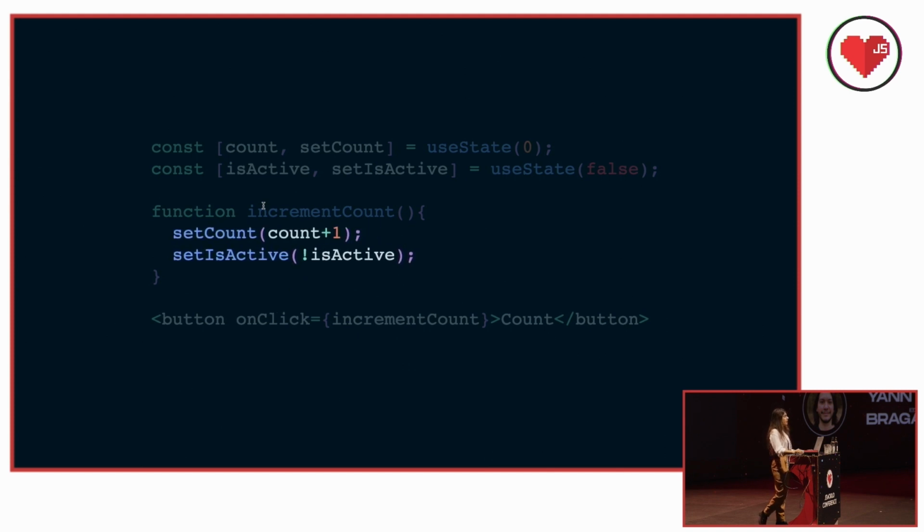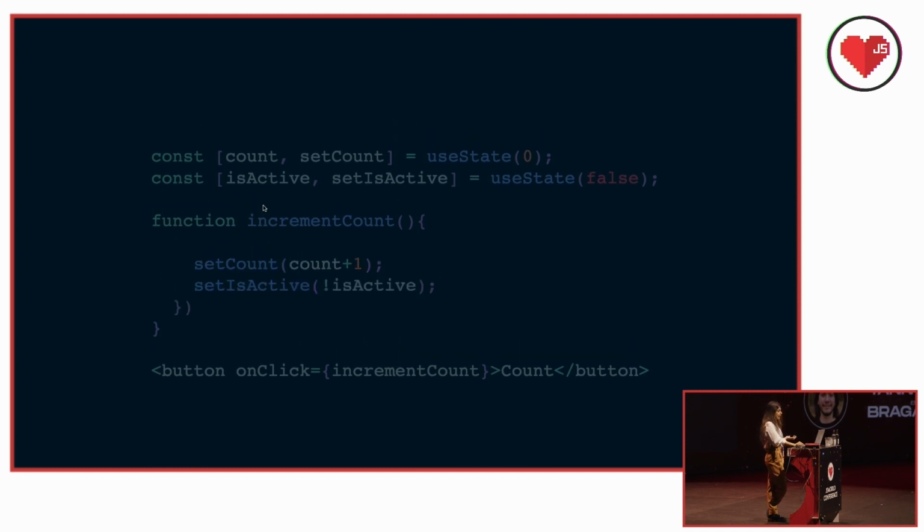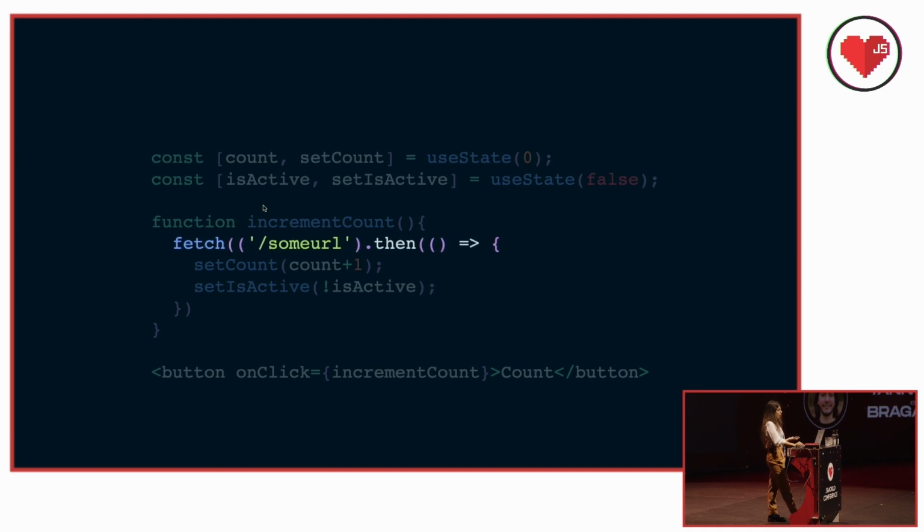Now, ideally, since there are two state updates, there should be two renders. But what React does is that it automatically batches these two state updates, so we only have one render. But what happens if I wrap it inside any asynchronous function like setTimeout, or inside a .then callback or fetch?